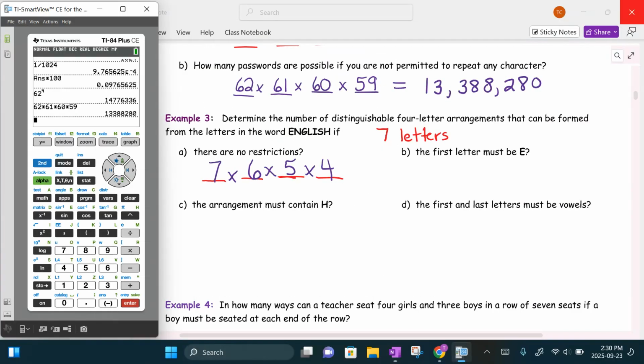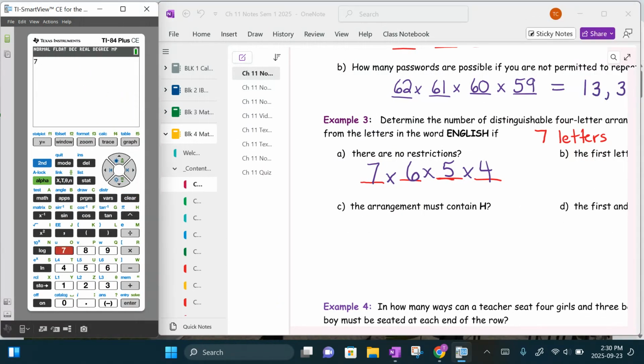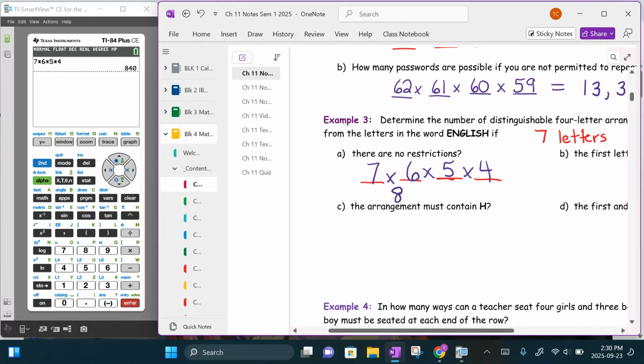So then with that, we're going 7 times 6 times 5 times 4. So there's 840 different ways that I can make 4-letter arrangements from the letters in the word English.